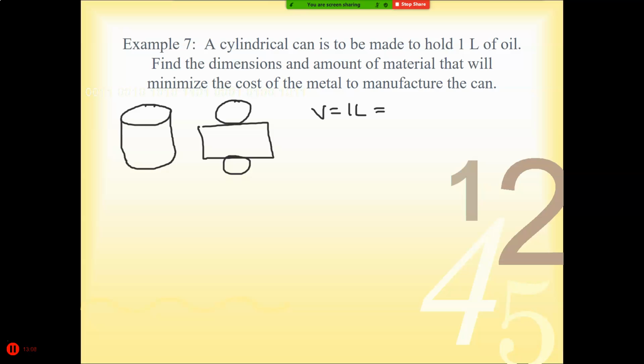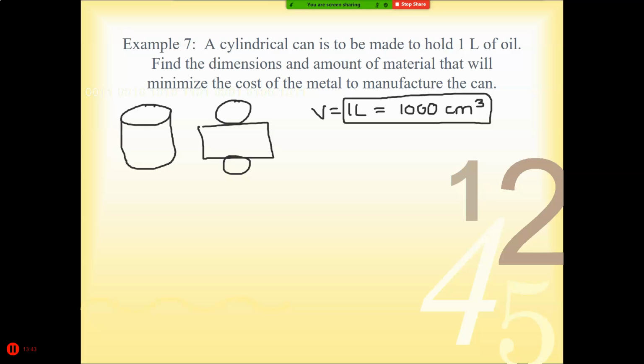So we have to change that 1 liter to centimeters cubed. 1 liter is 1,000 cubic centimeters. That's a piece of information they would typically give you in the reading or put at the end of the reading in parentheses. You have to determine what to do with it.